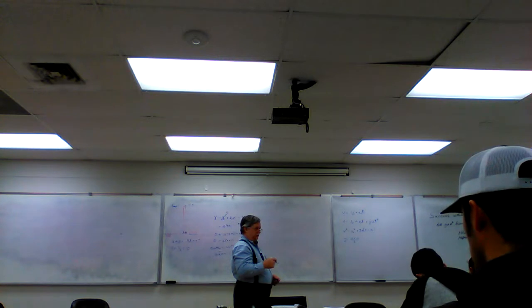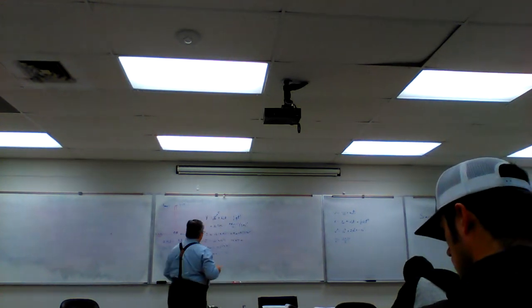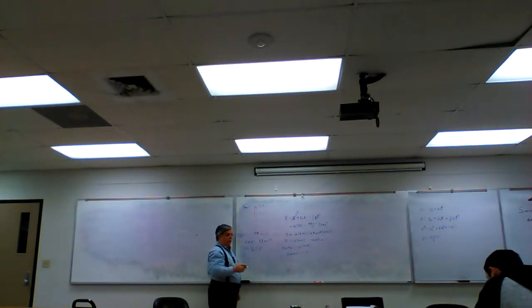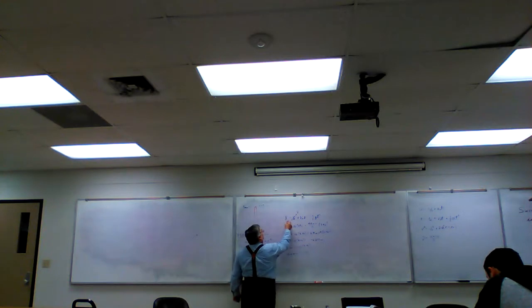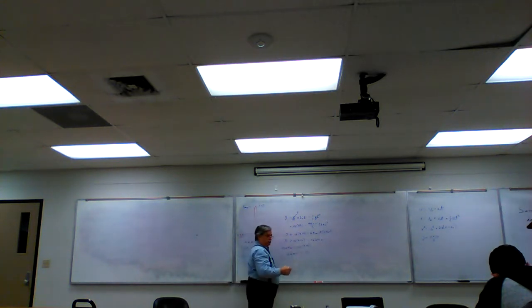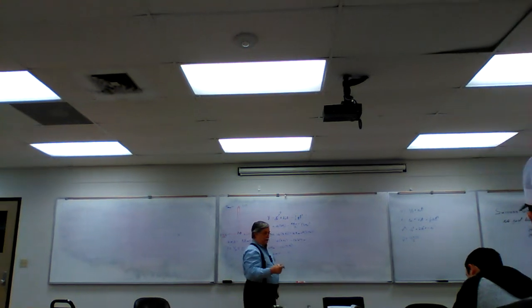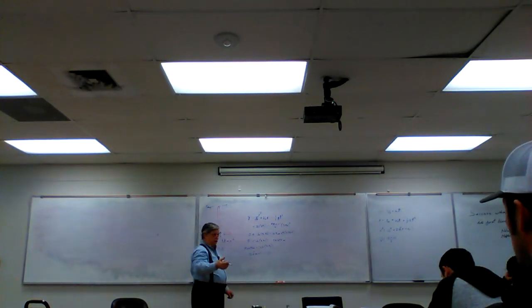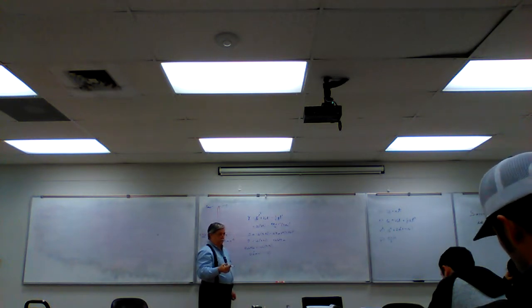Displacement versus distance, right. At this point, what we're using here is neither. We're using an initial position and a final position. So yes, if we were talking about the displacement of the ball at the end of this trajectory, it would be 0, because Y final and Y initial are the same.